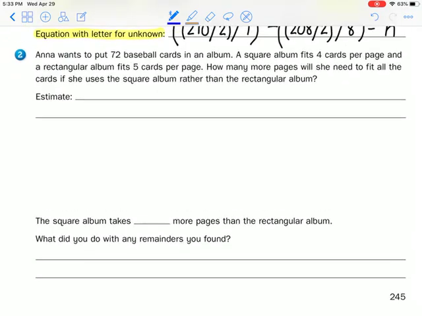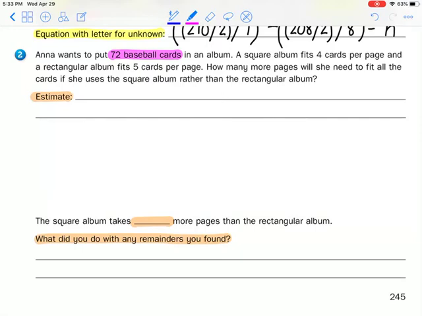Same thing. We're going to do an estimate. Then you're going to answer the question, and you're going to answer if there were any remainders that we found. So let's see what this problem is asking us. It says that Anna wants to put 72 baseball cards into an album.